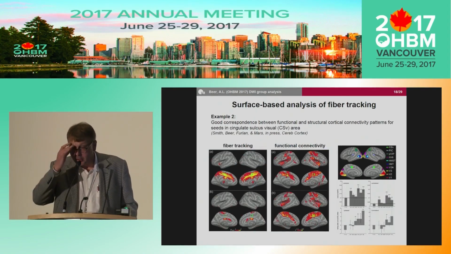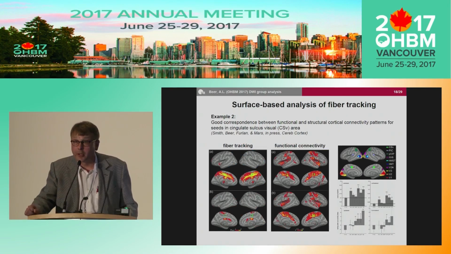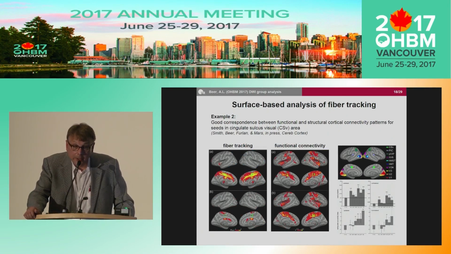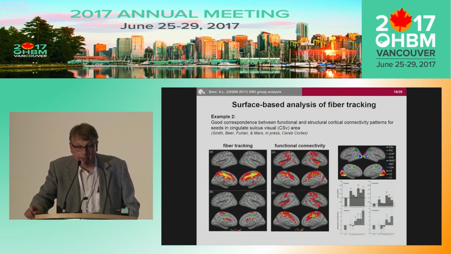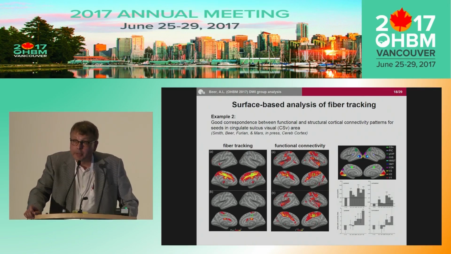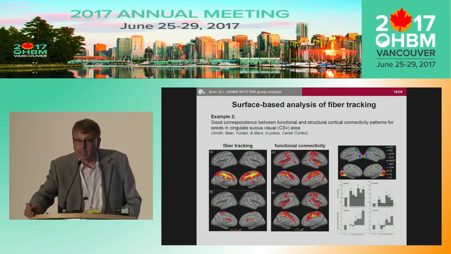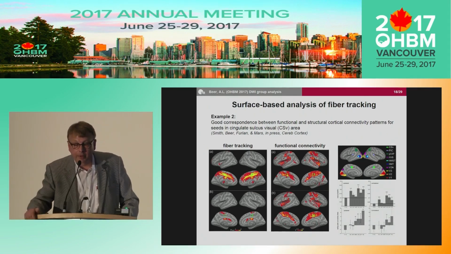We also compared structural connectivity and functional connectivity using a surface-based analysis. So here we looked at the connectivity of the cingulate sulcus visual area, which is an area responsible for ego motion, or to some degree relevant for performing ego motion. This was first described by Andy Smith, a colleague of mine.